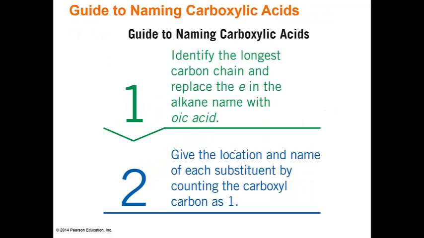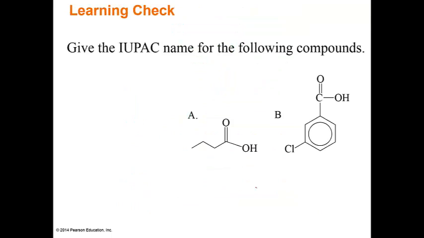So let's identify the longest carbon chain and replace the E of the alkane name with oic acid, and then give the location and name of each substituent by counting the carboxyl carbon as 1. So that's where we start. If we start here, how many carbons? We've got carbon 1, 2, 3, 4, right? 1, 2, 3, 4.